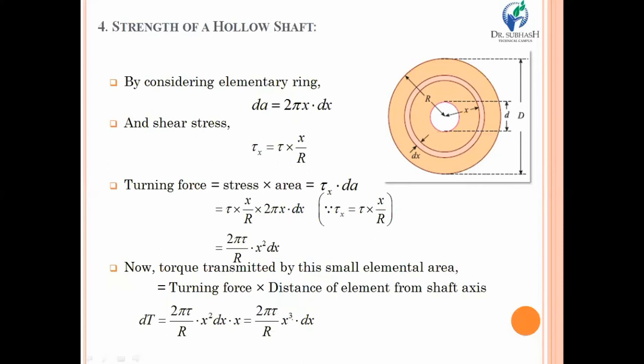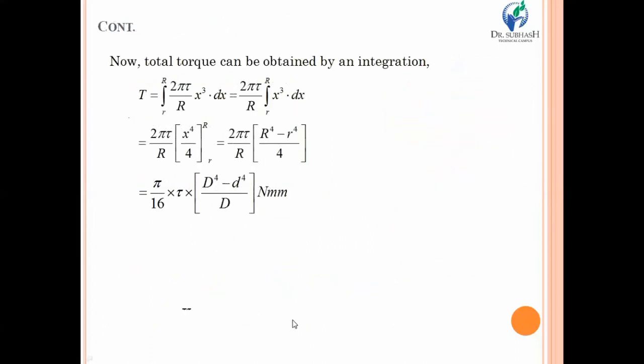So this is the small element which transmits the torque dT, but in order to derive the total torque being transmitted by the entire shaft, just integrate this relation. You will have the torque equal to the integral from r to R of 2 pi tau upon R x cube dx, and with further simplification it will give us pi by 16 into tau into D raised to 4 minus d raised to 4 upon capital D, in Newton millimeters.